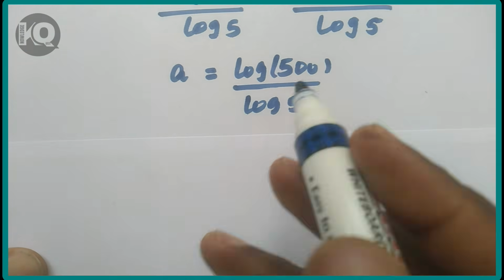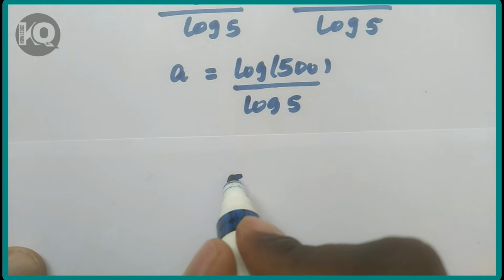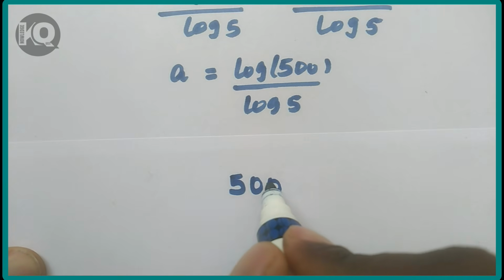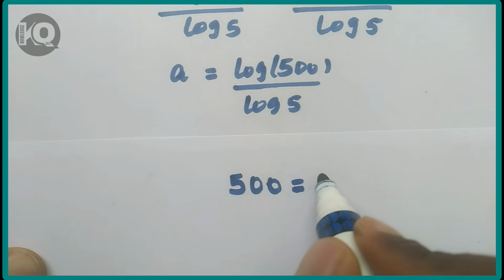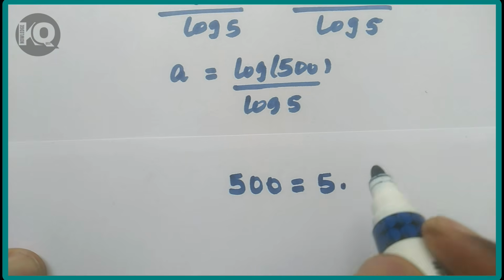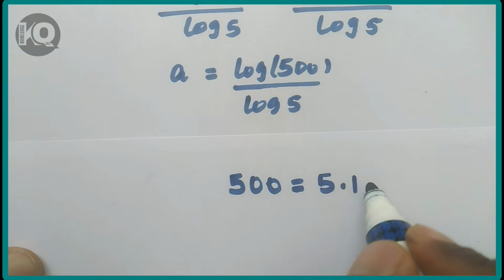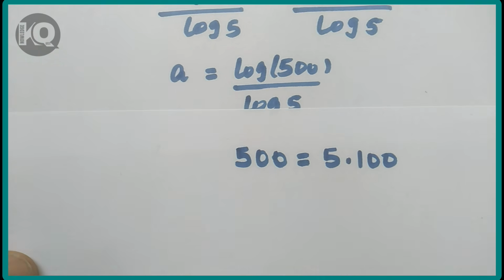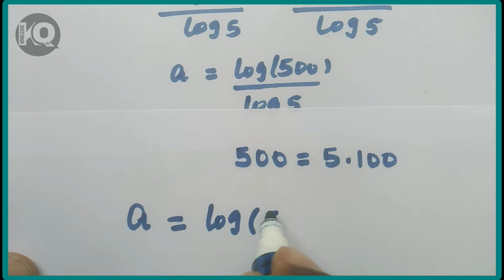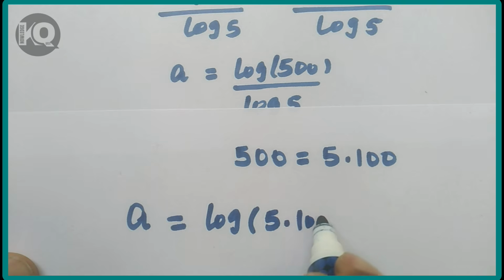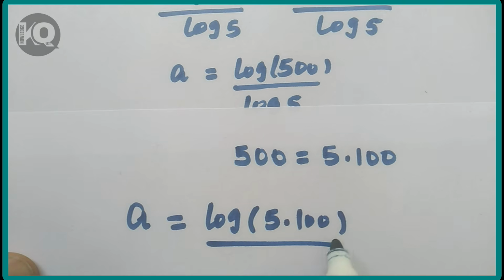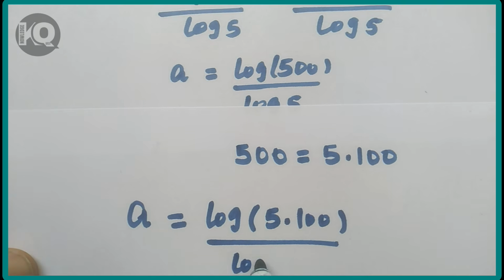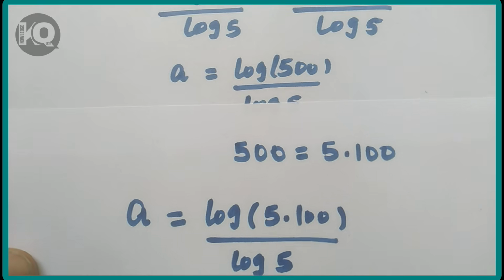So from this equation we have 500, so we can factor out 500 as 5 times 100. So a is equal to log of 5 times 100 divided by log of 5.